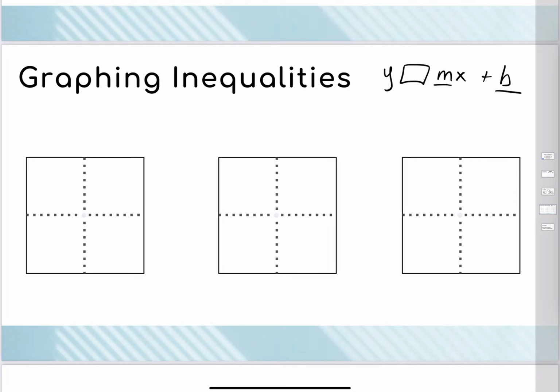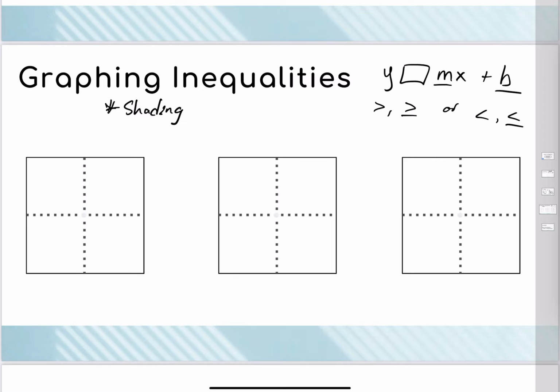The main difference will just be which sign we're using: greater than, greater than or equal to, less than, or less than or equal to. Depending on which one will depend on what our graph looks like. Because in inequality graphs, we have something known as shading, and that has to do with having a range of values be our answer, as opposed to a single value.